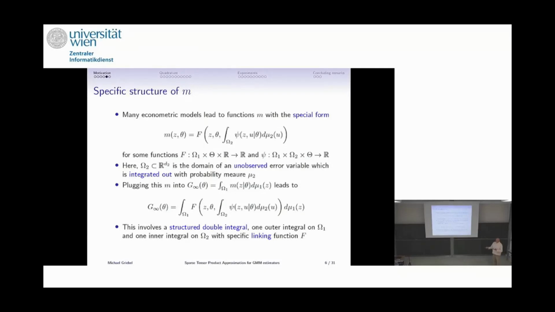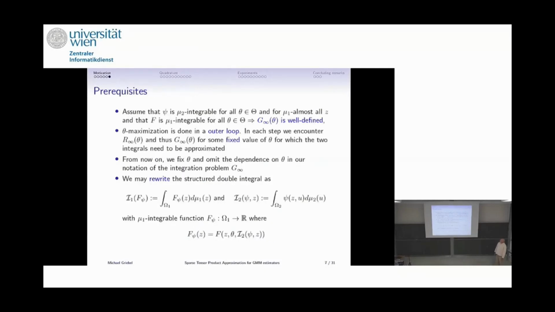Now, this is what we are after. Of course, we need that this is well-defined, therefore we need some integrability conditions. This is not the issue. And remember, we have an outer loop for the argmax optimization in parameter space. For every iteration, whatever you do with the maximization as an outer loop, we have a fixed theta.